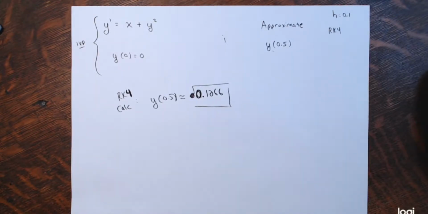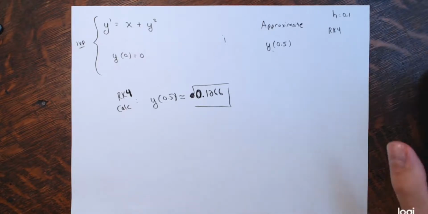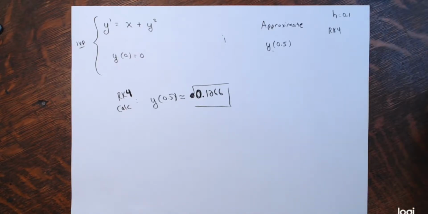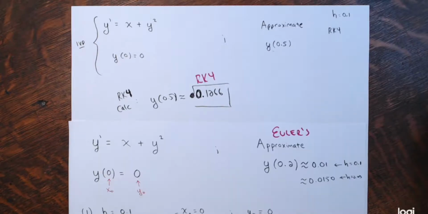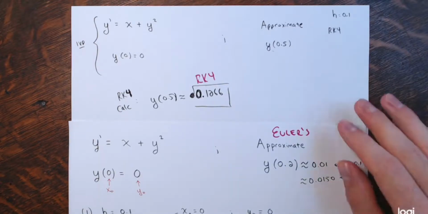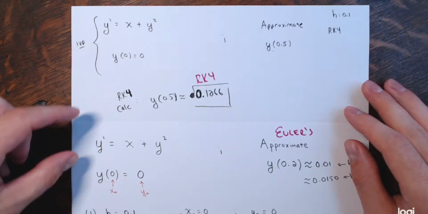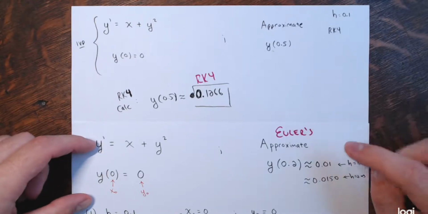And if you go back, I did that first video on Euler's method, and I'll pull that page up from that first video. Okay, and here it is. It's just popped on your screen. You see the same one, but using Euler's method.